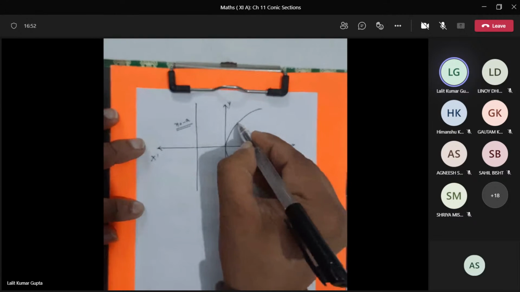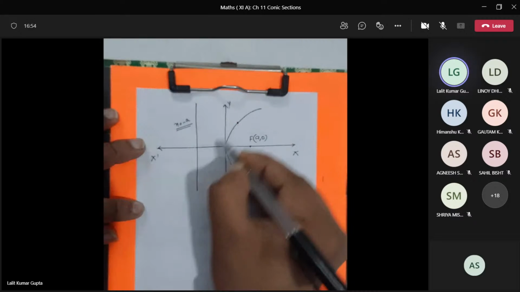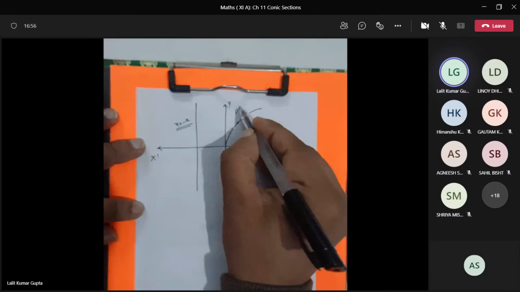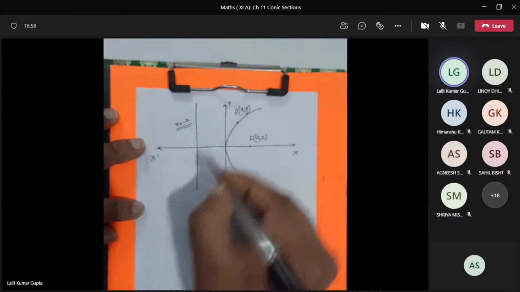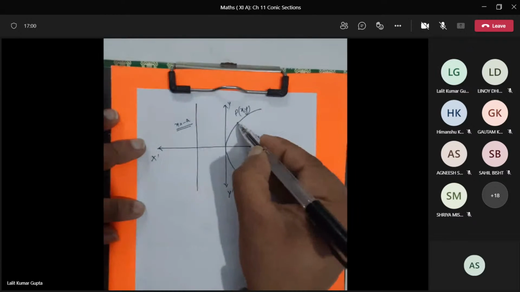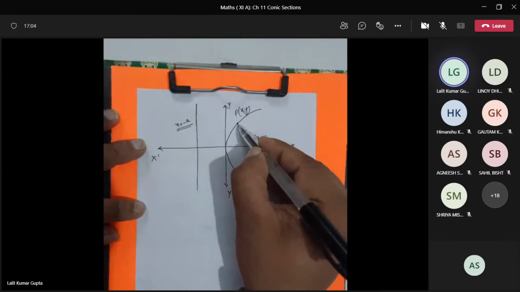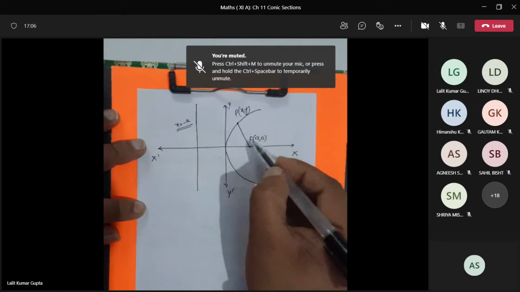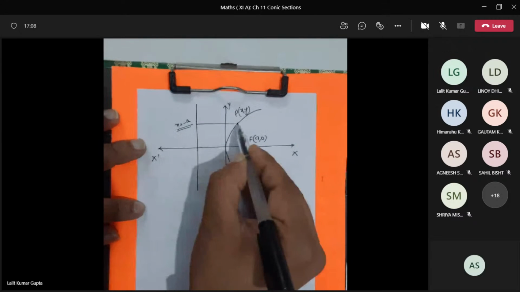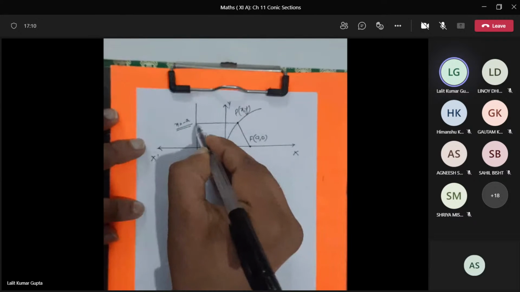Now I'm taking a random arbitrary point, which is known as (x, y), and as per the definition, a set of points which are equidistant from a fixed point and a fixed line. This point is known as what? Can anybody say that?